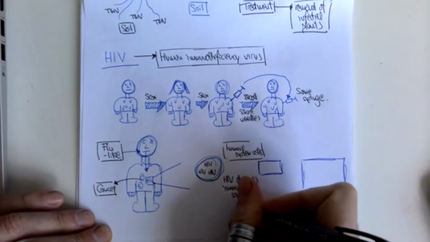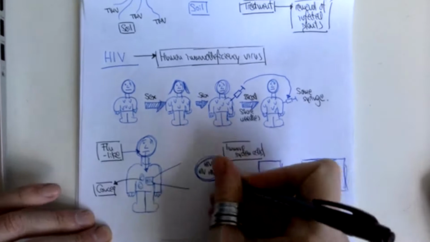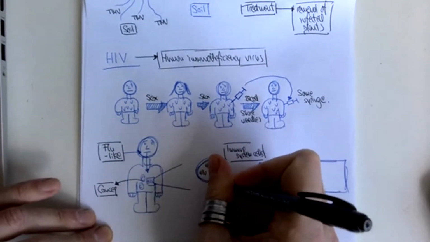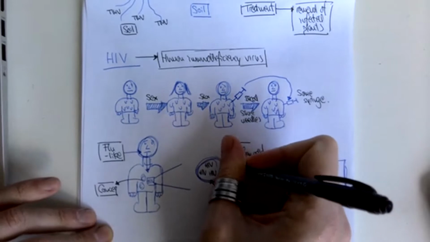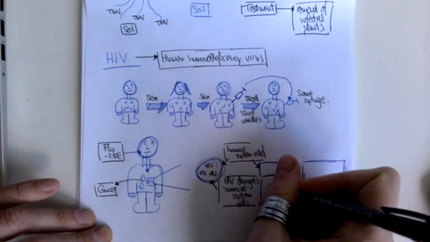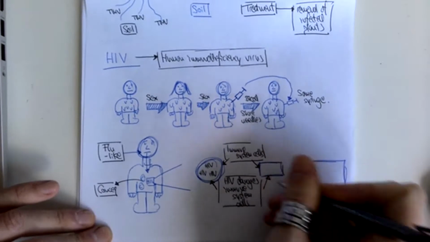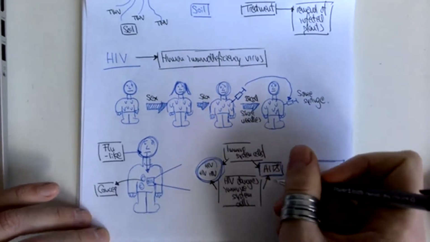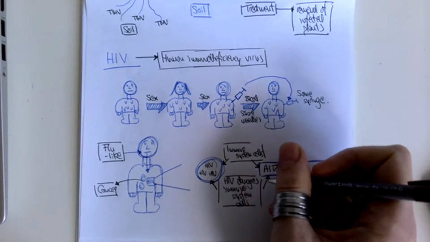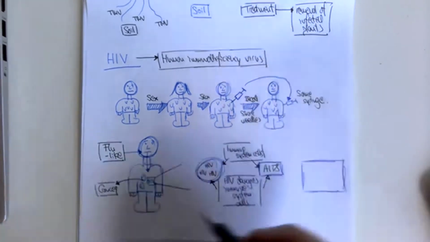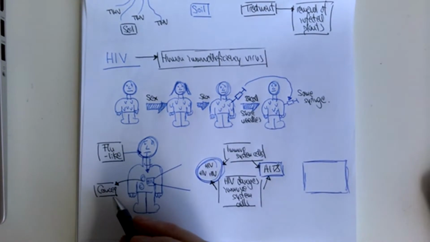And as a result of this damage, the immune system can bring about AIDS. Now, AIDS is when the immune system is so damaged that it can't fight off infections such as cancer and also other such things as flu.